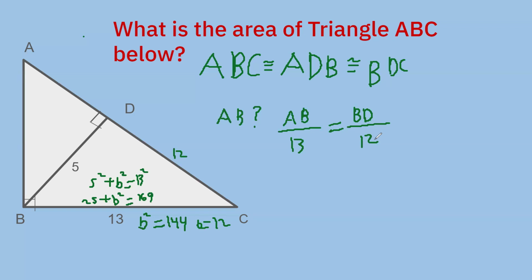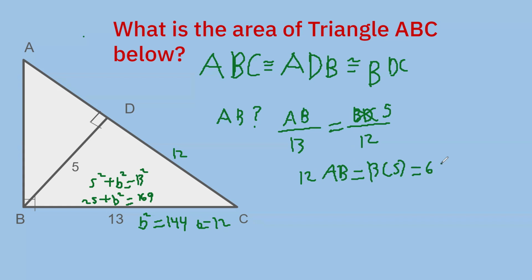Okay. And now let's plug in for BD. So it's 5. So then AB times 12 equals 13 times 5, which equals 65, right?